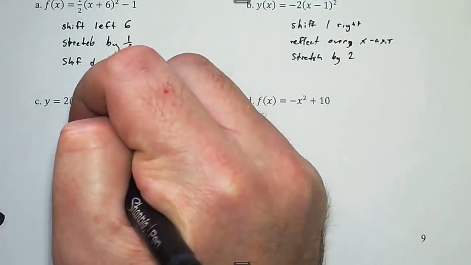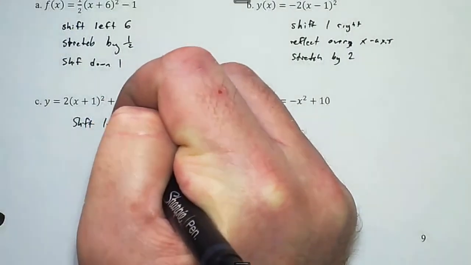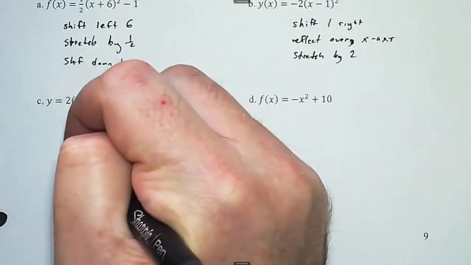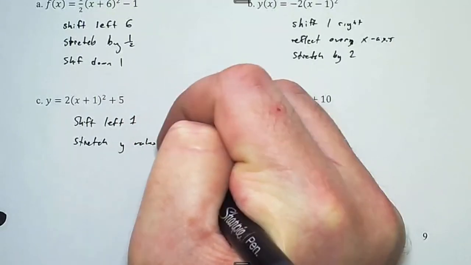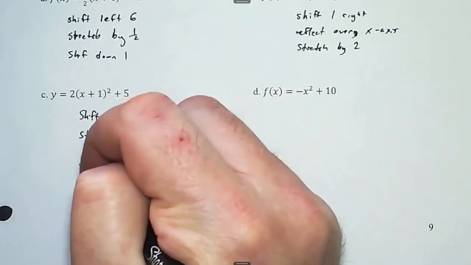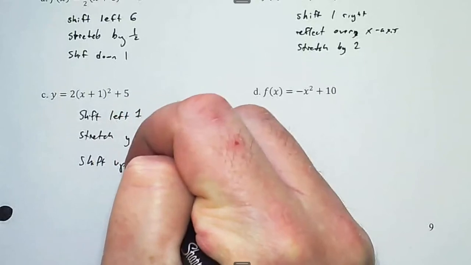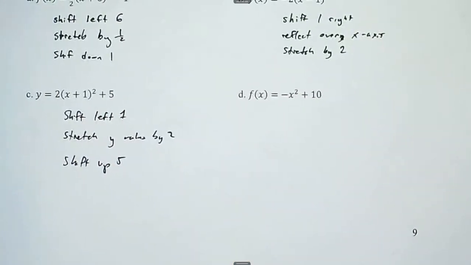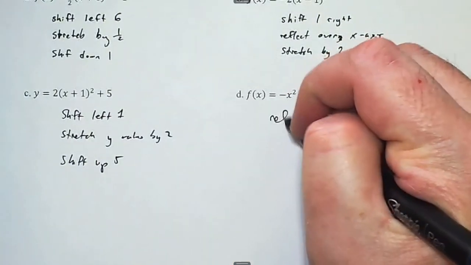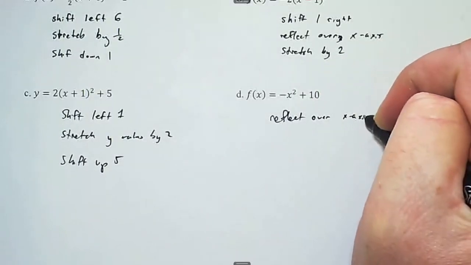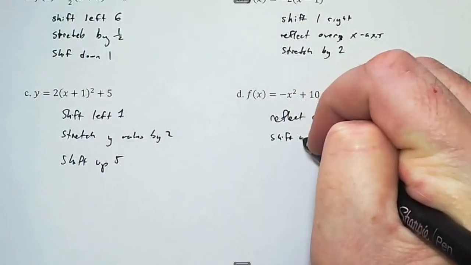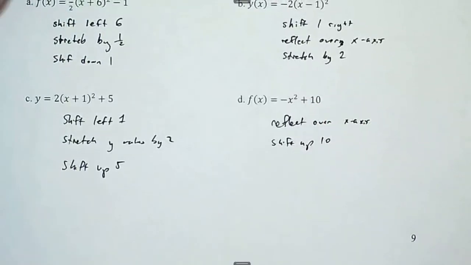This one is going to shift left 1. We're going to stretch the y values by 2. Then we'll shift up 5. This one here is simply going to reflect over the x-axis and then shift up 10.